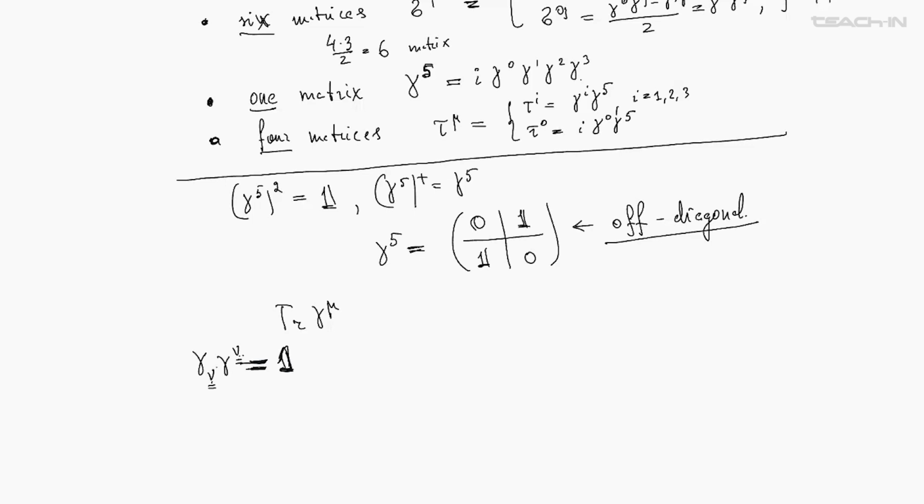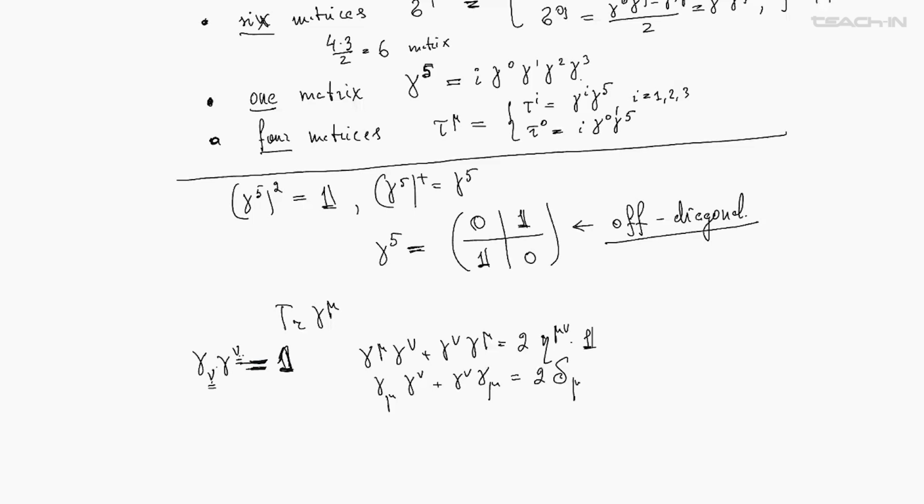Indeed, if you look at the Clifford algebra relation, the anticommutator of gamma mu and gamma nu is equal to 2 eta mu nu multiplied by the identity matrix. If I lower index mu, then on the right-hand side lowering the Minkowski metric gives just a Kronecker delta, so I get Kronecker delta mu nu multiplied by the identity matrix.